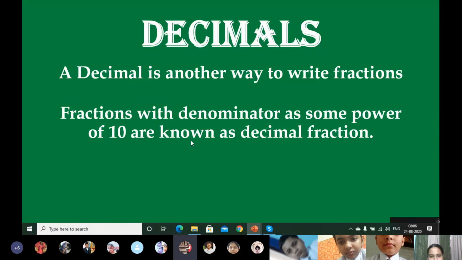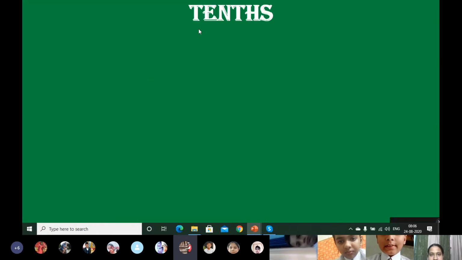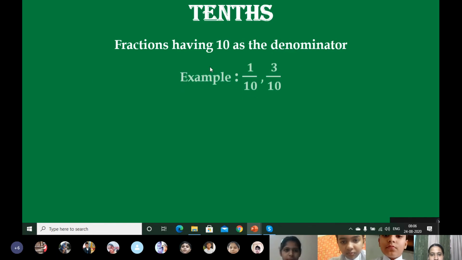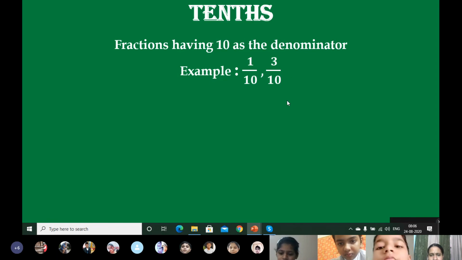So let me clarify. If I write tenths, what does tenths mean? Tenths means fractions having 10 as the denominator. That means 1 by 10, or we can say 3 by 10.